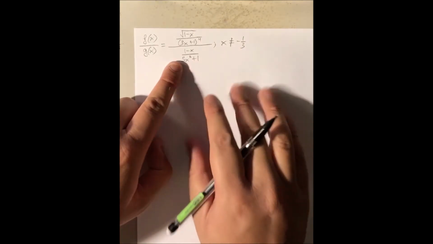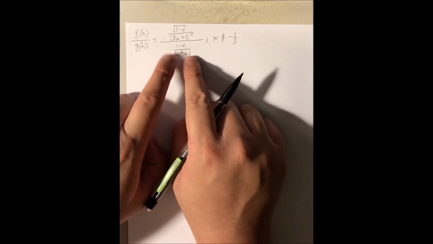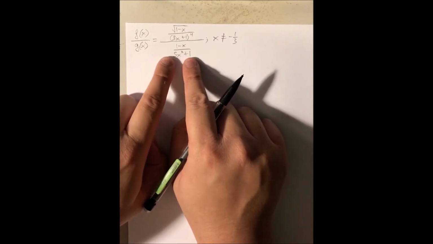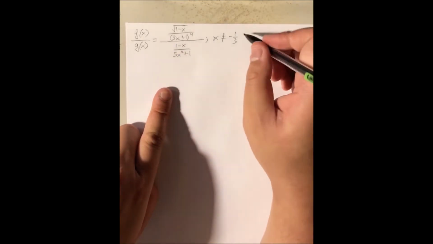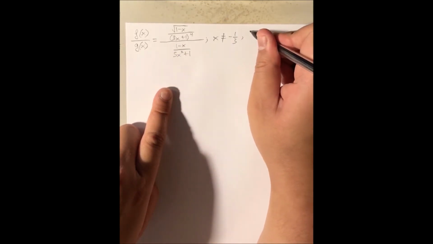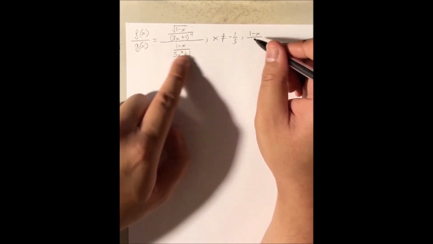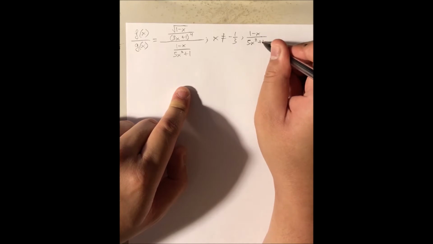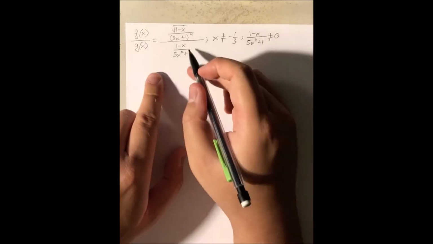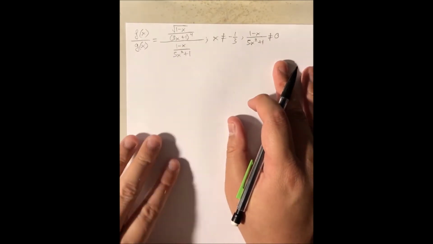Looking at this denominator, we know that it's going to be all real numbers, so we don't have to worry much about that. But looking at the entire thing right here, we have to set this whole denominator not equal to 0, because if this whole denominator equals 0, then the whole thing would be undefined.